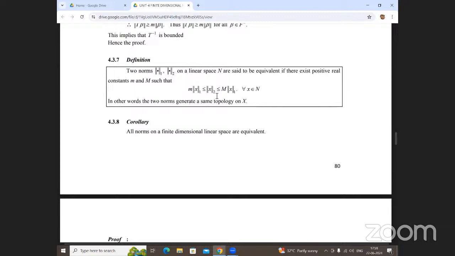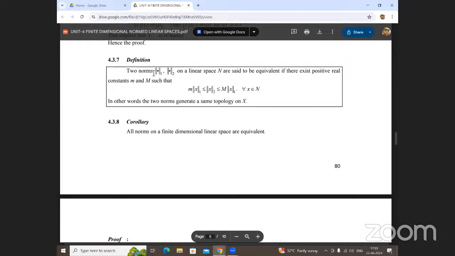We take a linear space capital N, and then the two norms are said to be equivalent.